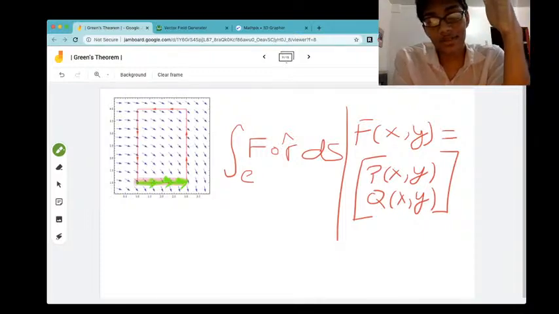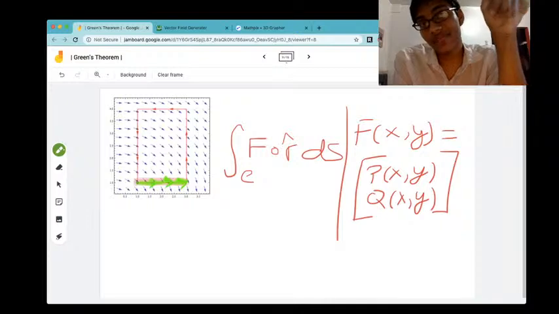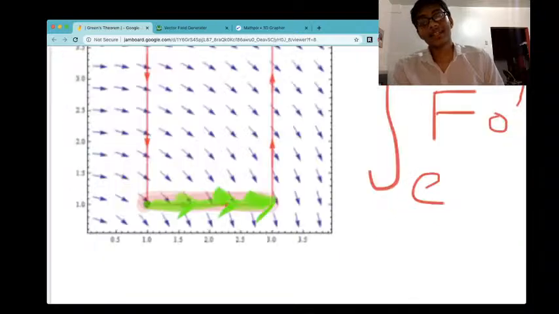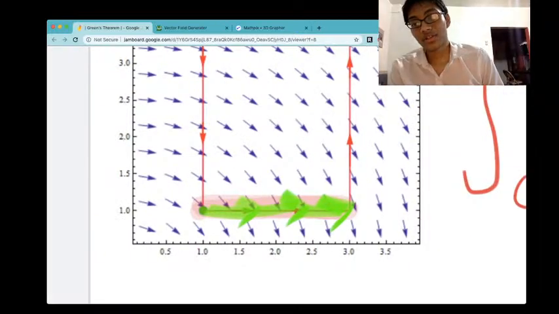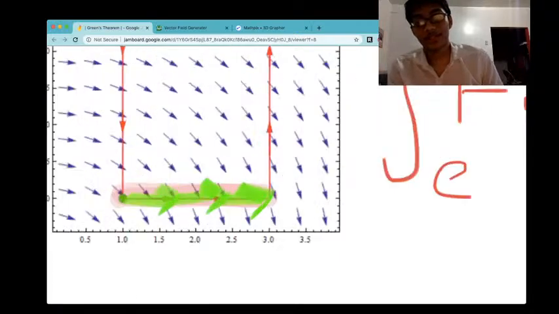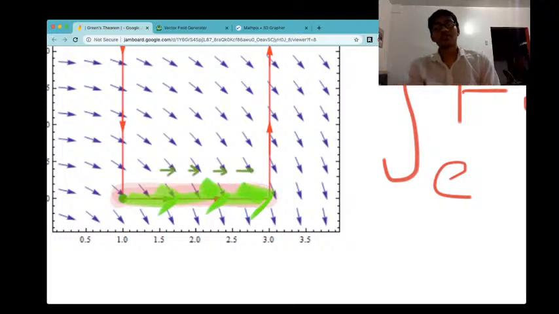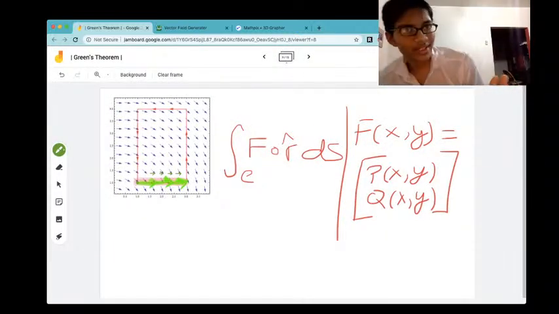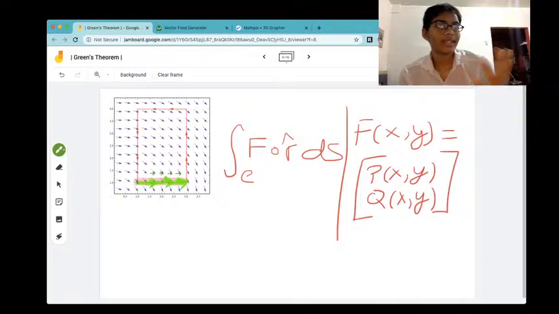Why? Take a look at the x and y components. The x component is definitely helping. The y component doesn't contribute much, but the x components of those teeny tiny vectors certainly look like they're helping. Let me zoom in sufficiently, and you'll see that these x components are in the same direction as my path of motion. So I'm expecting my line integral to come out positive, at the very least. Just a basic sense of intuition.